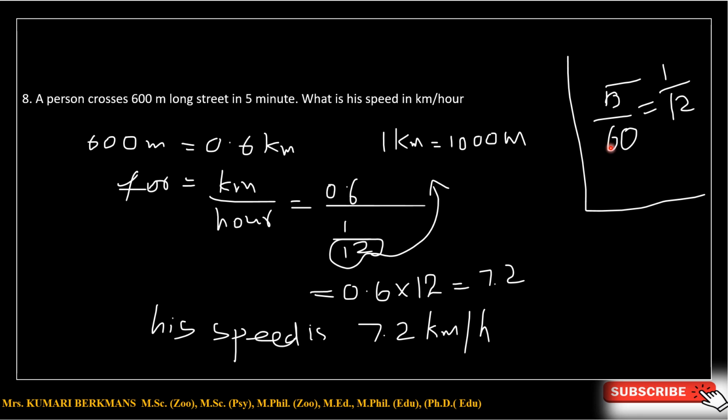So 5 is 12 times in 60, so 1 by 12. So this 0.6 divided by 1 by 12. If this 12 goes up, in the sense it is 0.6 into 12 is equal to 7.2. So his speed is 7.2 km per hour.